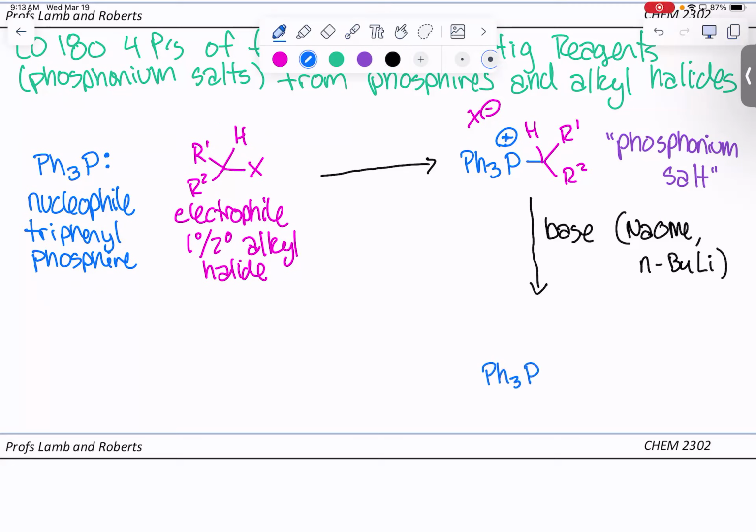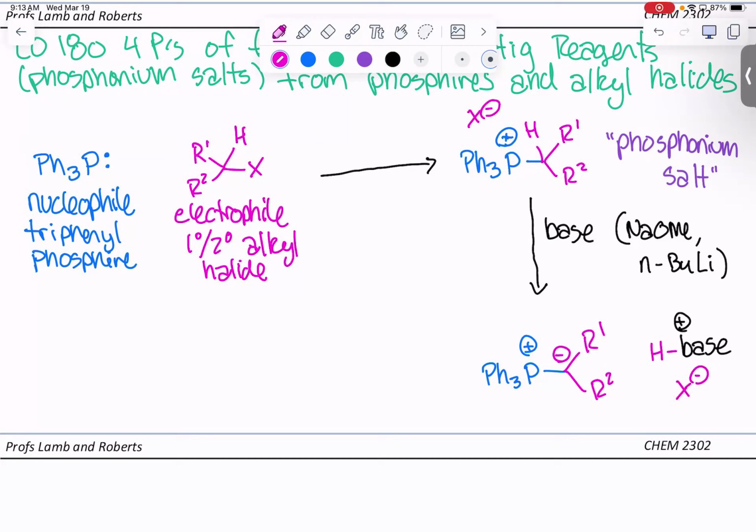Our triphenylphosphine portion is still positively charged. We haven't done anything to break that bond, but we've deprotonated that CH bond, so we have a negative charge there. Then we have our H bound to our base, which would be positively charged, and we can just carry our X minus throughout.